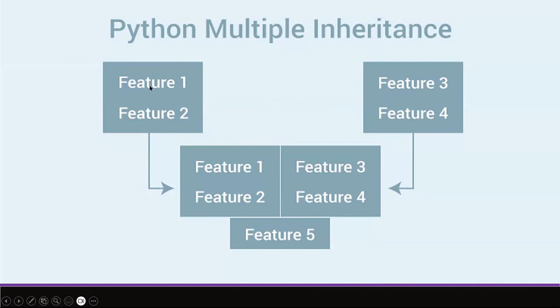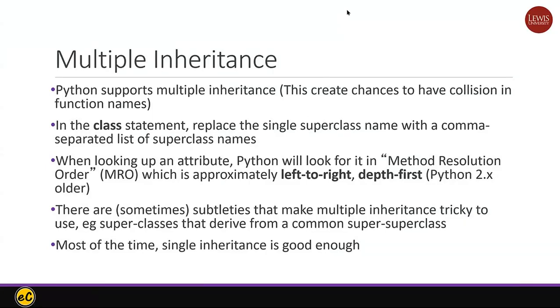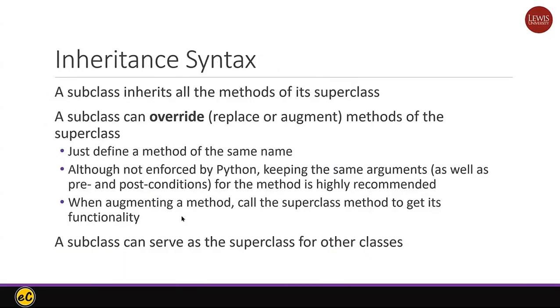If your base class has feature one, feature two, and another base class has feature three and feature four, you can combine the features from both classes, and then you may also have your own feature. But when you do method resolution, if there are multiple definitions, it will go by left to right, depth first order.